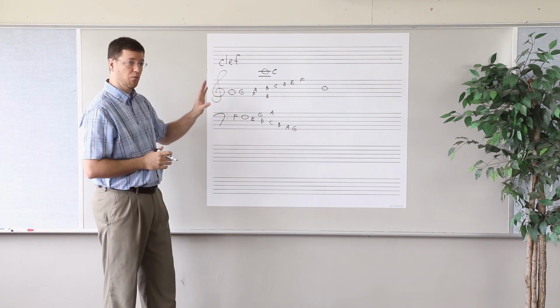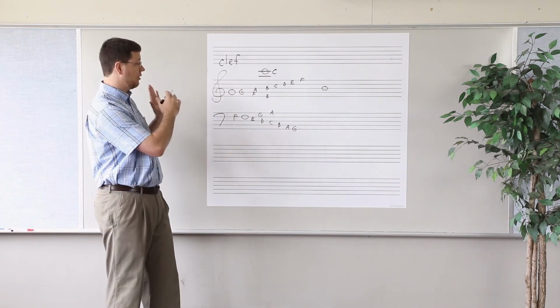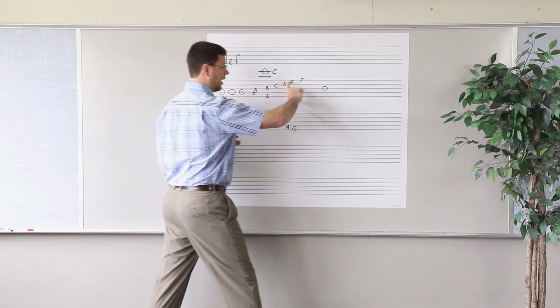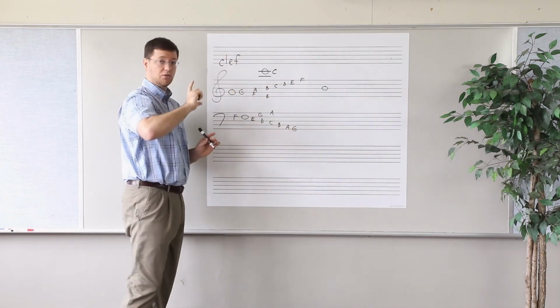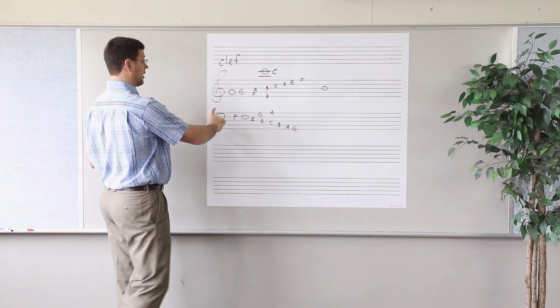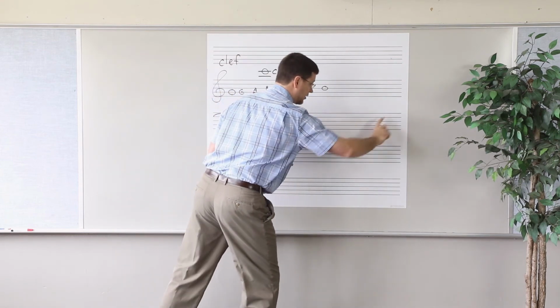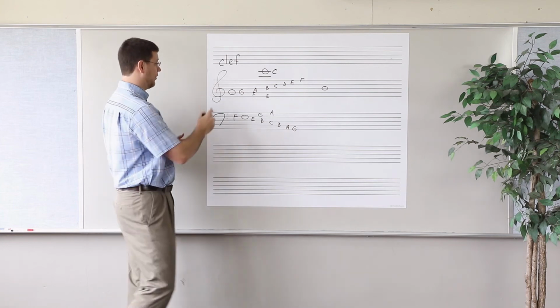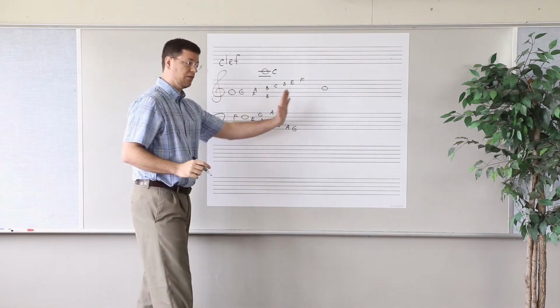Now, the way it's written right now, if we are reading pitches on here, we should go from left to right on this staff, then we should come down, just as if we were reading words, to the next line and read this staff. But many times, we will have two staves happening at the same time.